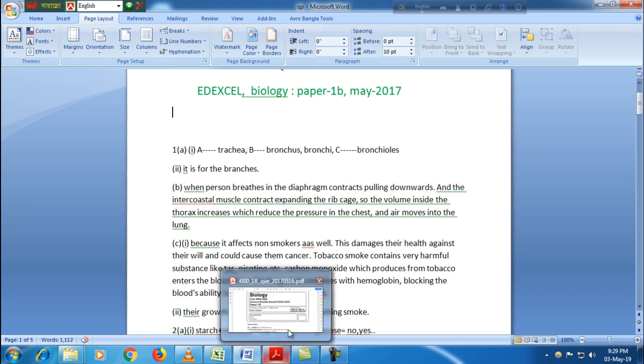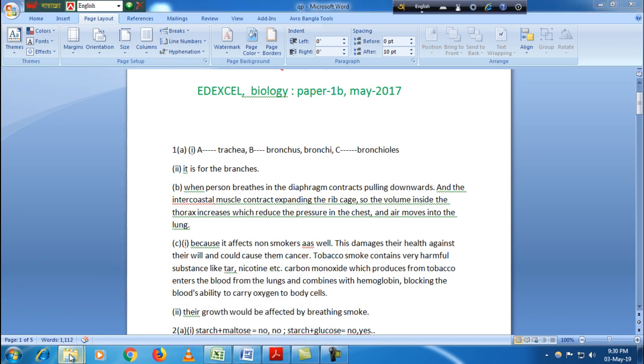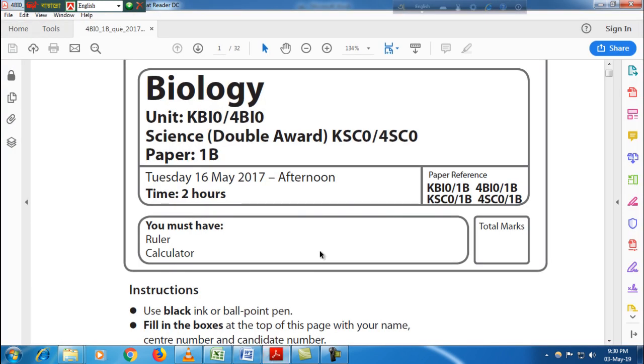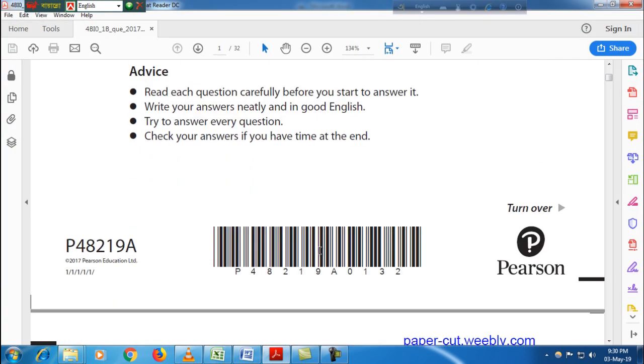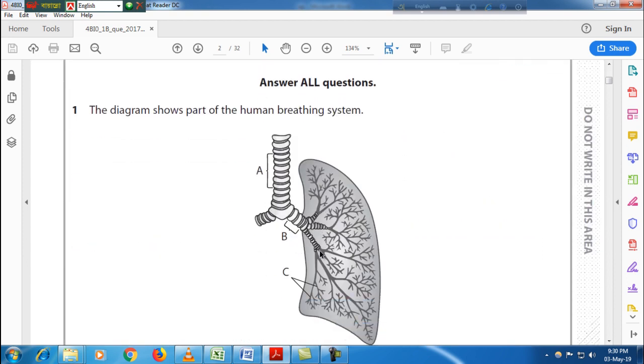If you need the answers, you can check them whenever you are solving the question paper. Here I am going to start today's Biology EDEXCEL paper 1b, May 2017.